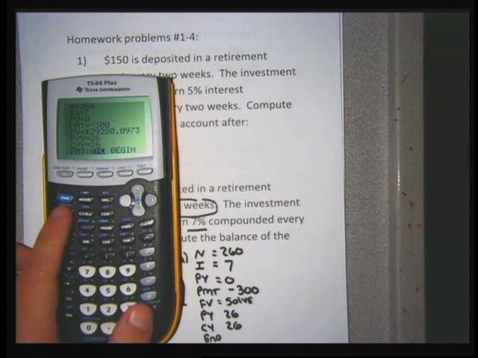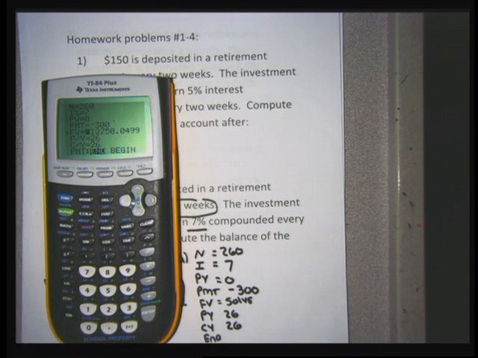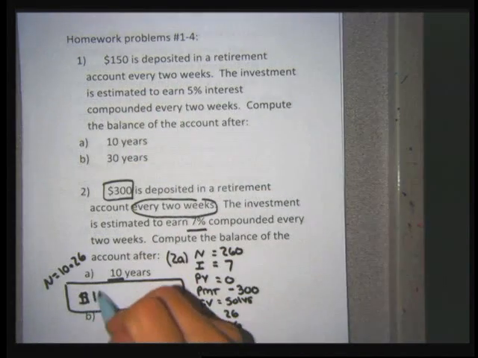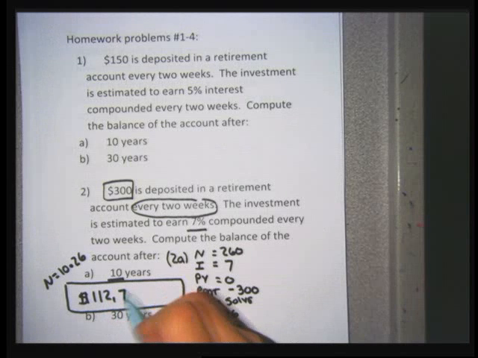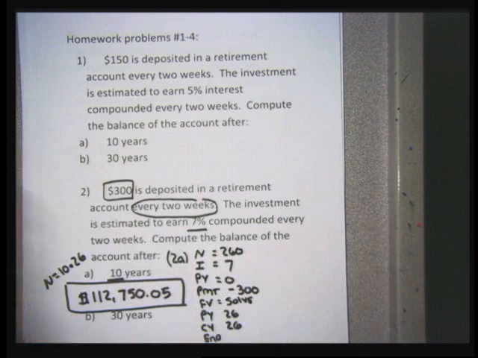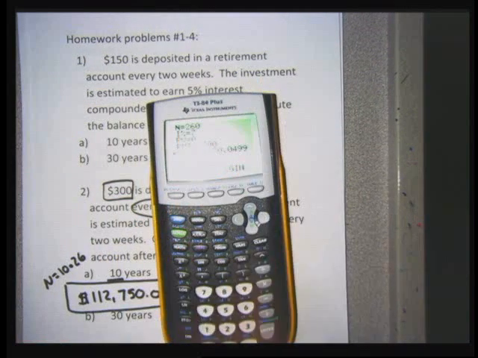Now I'm going to hit the green alpha button and then hit enter. And I'm going to round that to $112,750, and I'm going to round the 4.9 cents to 5 cents. So for part A, it's $112,750.05.